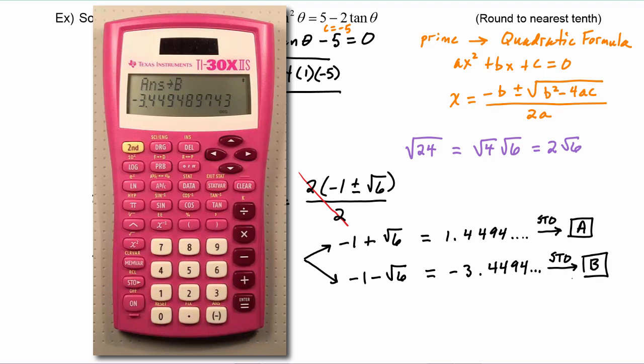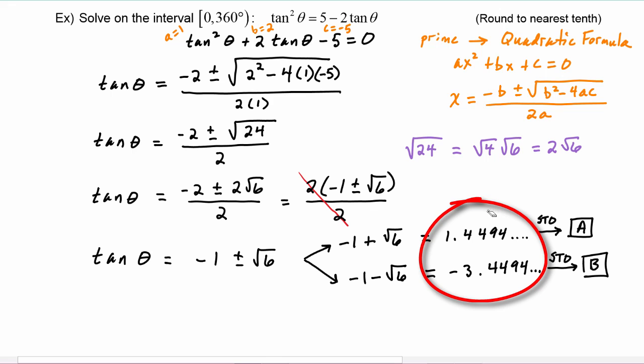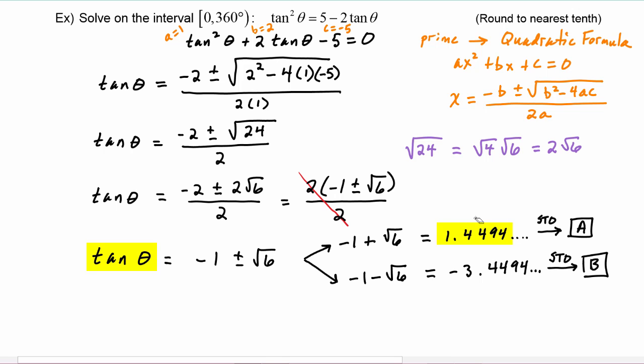It's important to understand these are not our solutions. Remember that this means tangent of theta is equal to this number, and tangent of theta is equal to this number. So we still have to solve for theta.